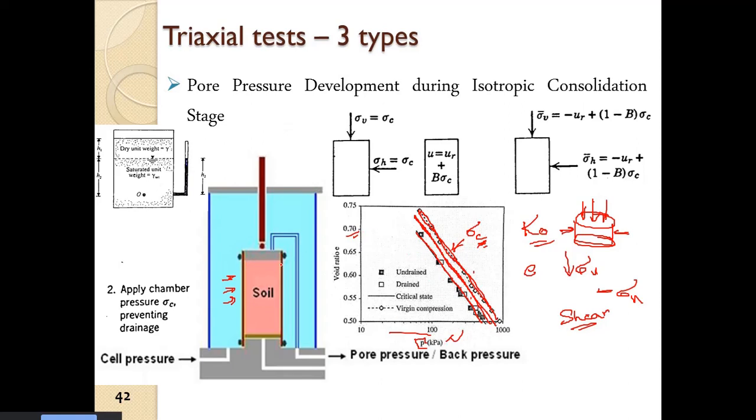While we shear the sample, when we apply the deviatoric stress, we get this critical state line. We will see what the critical state line is.